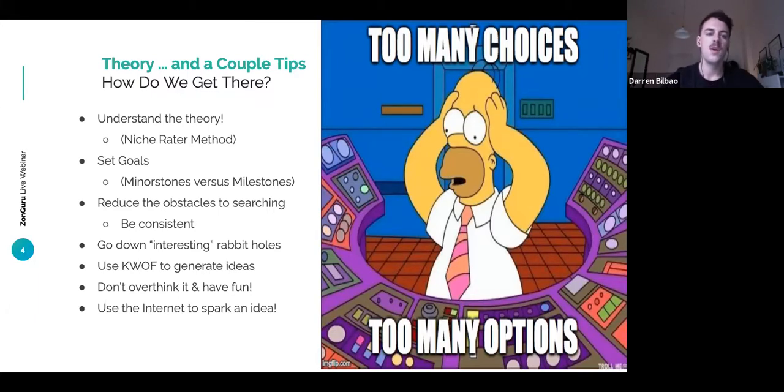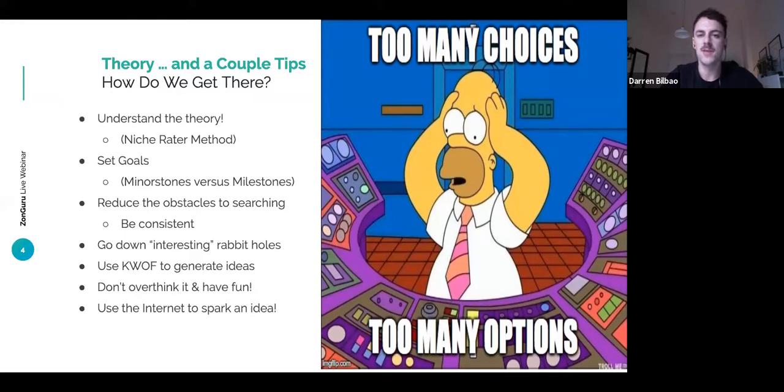And once we go over the niche rater method, have this method written next to you so that when you're looking at these products, you can tick off the niche rater method against these products, so you're having some focused searching. Because if you're distracted by your phone and Instagram and things like that, you're surprised how much time disappears, and it's really hard to get back into the rhythm of searching. So just use that 1 hour and work really hard and focused.